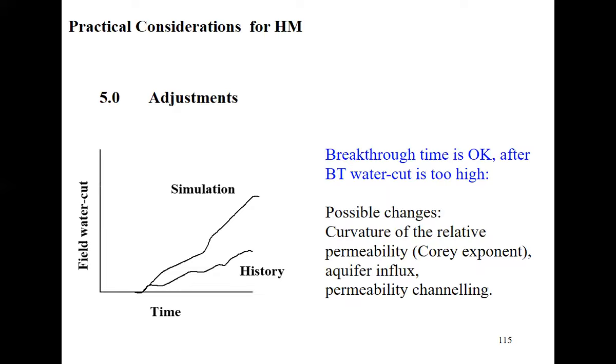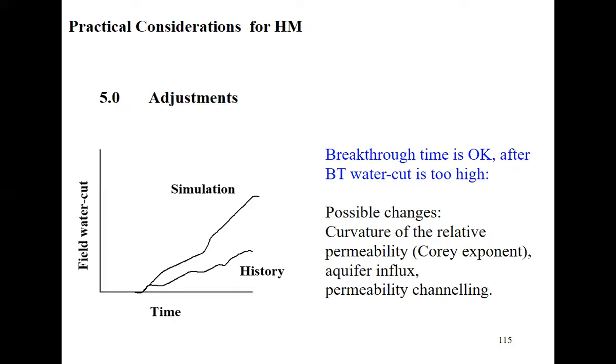So we may think of all the options that we can to change in order to make our history data points equal to our simulation trend. So we always bring the simulation to the history. Okay.